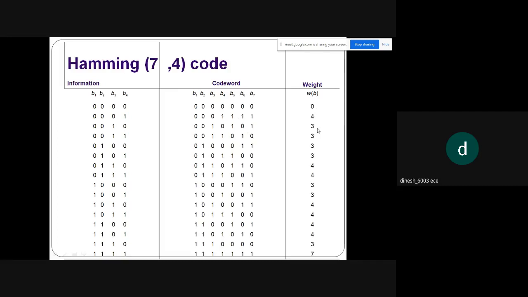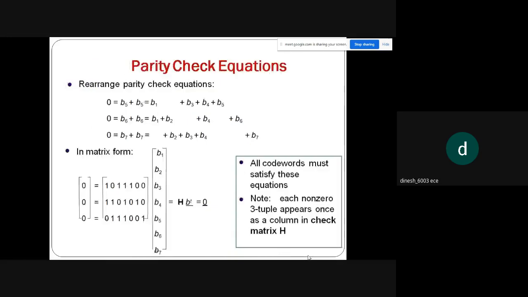Here 3 ones, so 3 weight. 3 number of ones in the parity. So 3. Here 3. Here 3. Here 4. Here 3. You can see 3. Here 4. Here 4. Here 4. And at last you can see that it goes on till all the 16. So here last is 7 number of ones. So I write it as 7. So this is your weight, Hamming code.